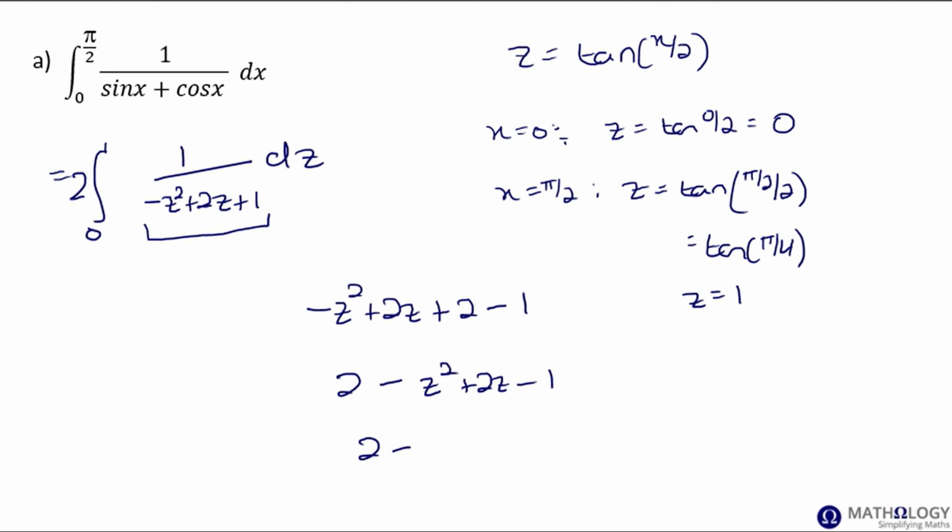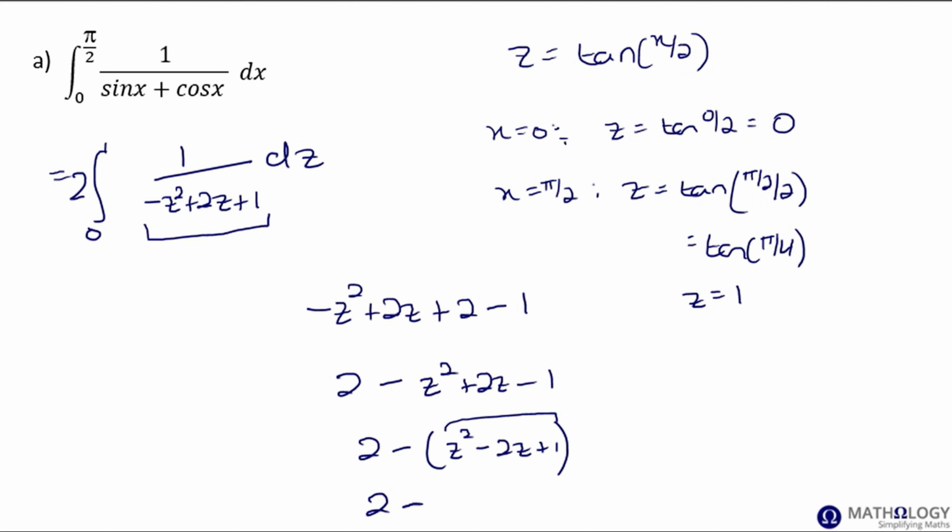We're now going to factorize this expression here. So what we're going to do is take out a minus 1, and we have z squared minus 2z plus 1. When you take the minus 1 out, you're essentially dividing each term by minus 1. So every term in this bracket here just reverses the sign from this step over here. So minus z squared becomes z squared, positive 2z becomes minus 2z, and minus 1 becomes plus 1.